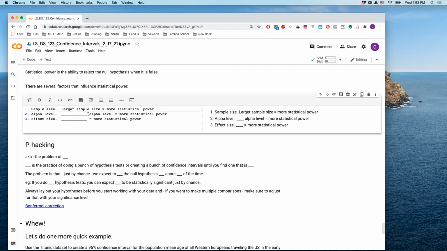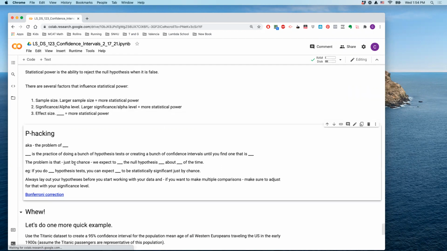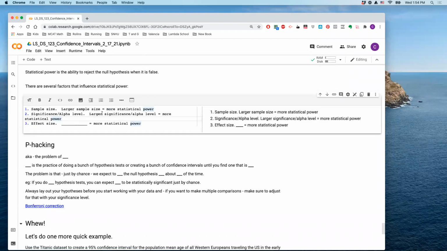Another thing that is trickier to understand is that a larger significance or alpha level, so I'm using those words synonymously. The larger the significance level, the more power that you have. And so this can seem kind of tricky. So let me see.